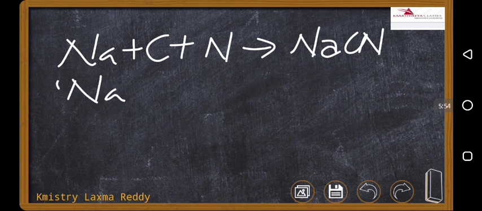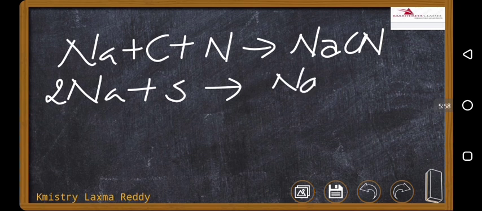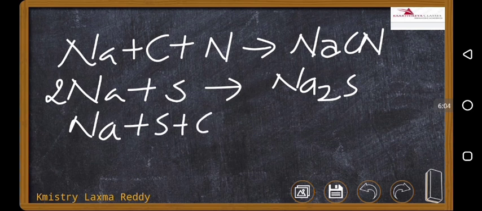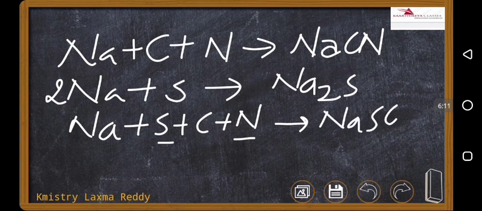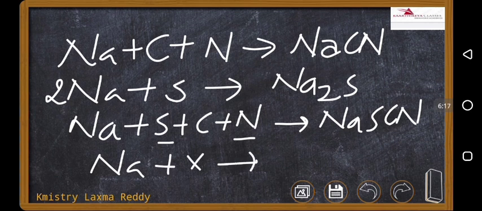Sodium, if sulfur is present, it will form sodium sulfide, Na2S. Sodium, sulfur, carbon, nitrogen. If sulfur, nitrogen both are present, it forms NaSCN. Sodium plus chlorine or bromine or iodine, I am writing here X, NaX is formed.